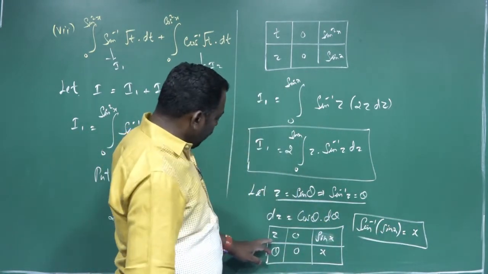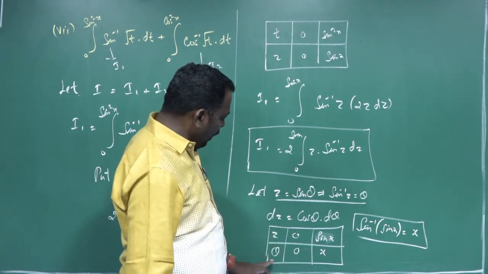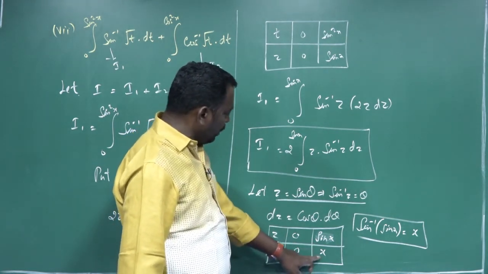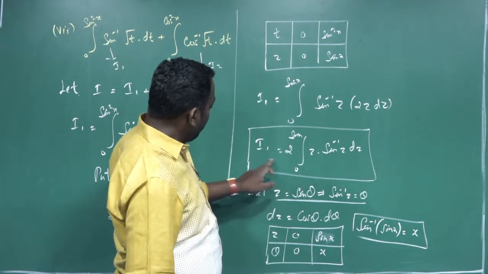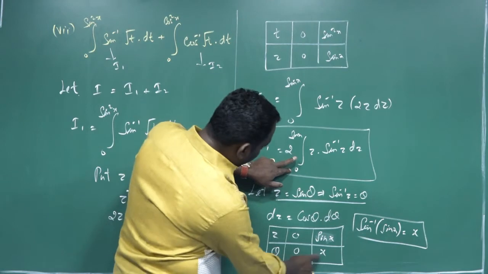So, instead of the integral with the z variable from 0 to sin x, we can write the theta variable from 0 to x. Therefore, in the last line, I1 is equal to 2 times the integral from 0 to x.